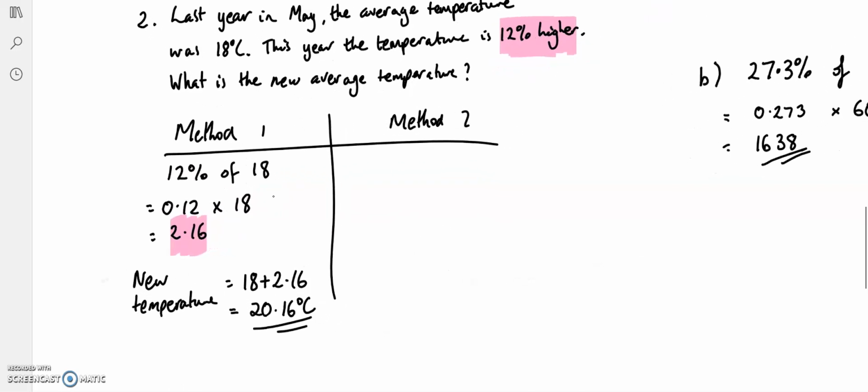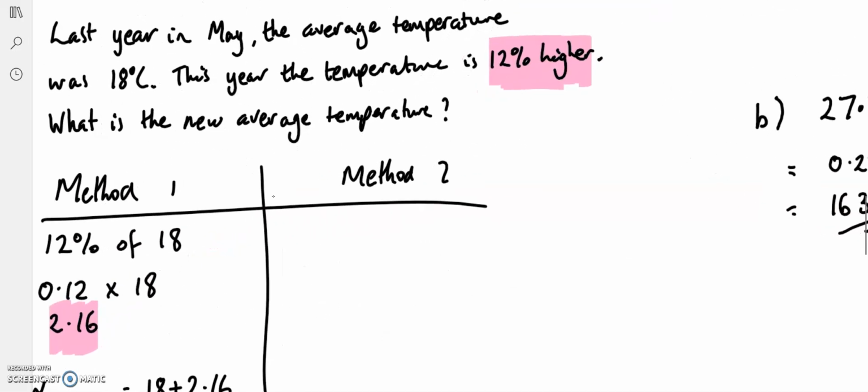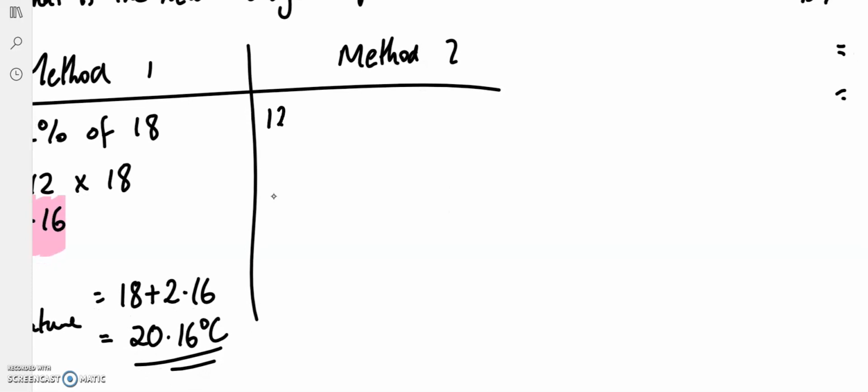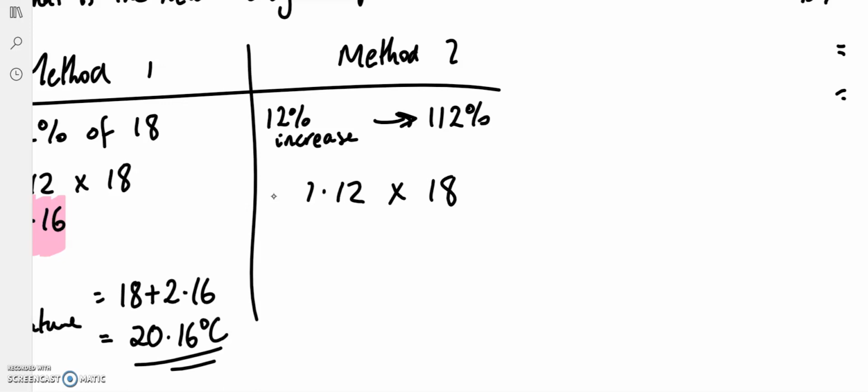That's method one. Method two is we need to think about a 12% increase. If we've got a 12% increase, that would mean that there's 112% altogether, because we've increased 100% by 12%. So if we divide this by 100, we're going to get 1.12. And if we times this by 18, that's going to give us the new value straight away, with the increase involved.